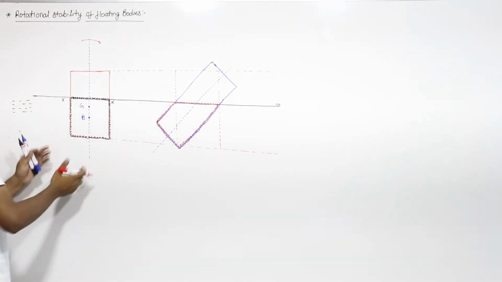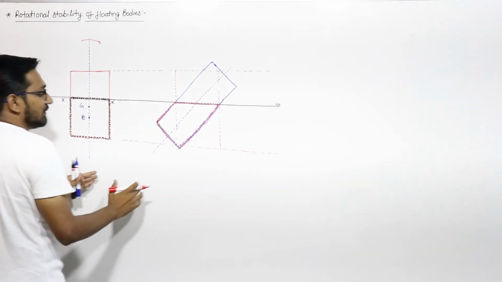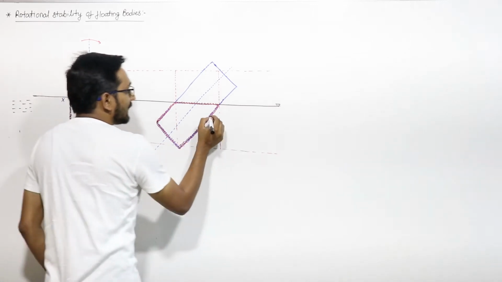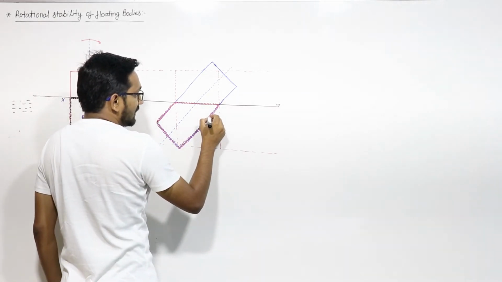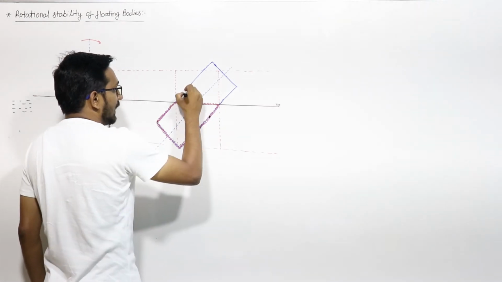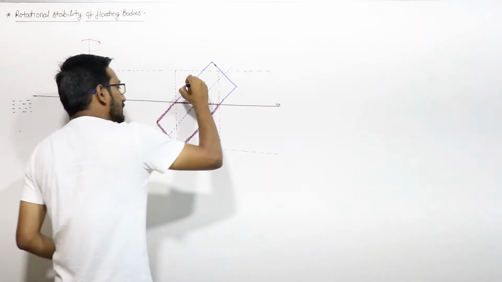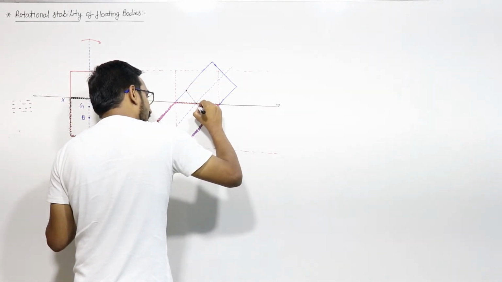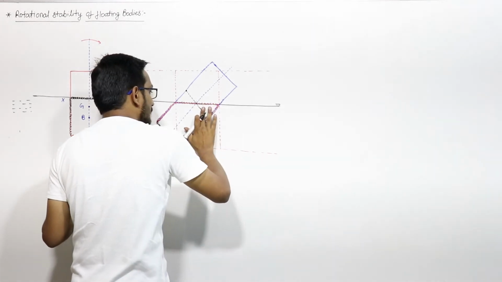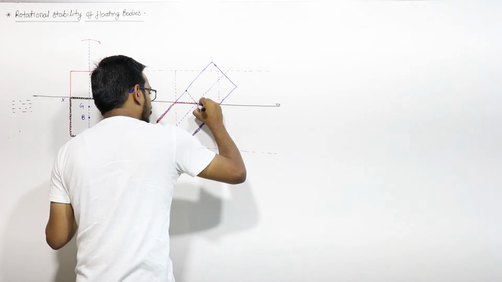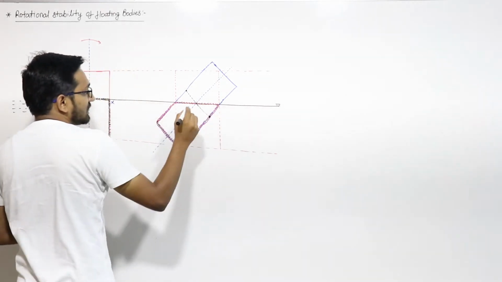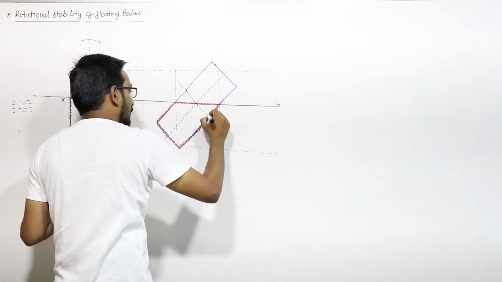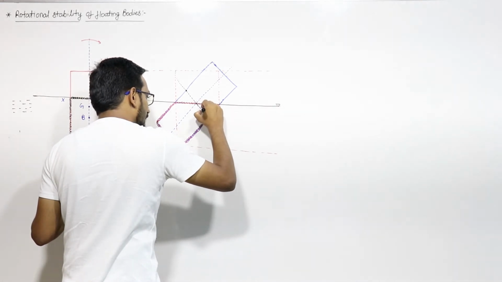You will feel the difference: here the body is of this shape which is inside the fluid, and here the shape will change when you tilt this body. Let us say this is the 5 meter point, the middle point, and this is the 5 meter point, and if I join these 2 points, this is the axis X. The initial axis X is this one, right?